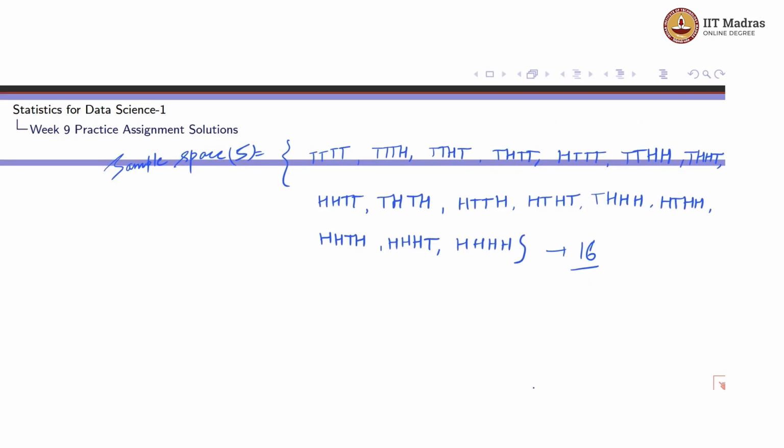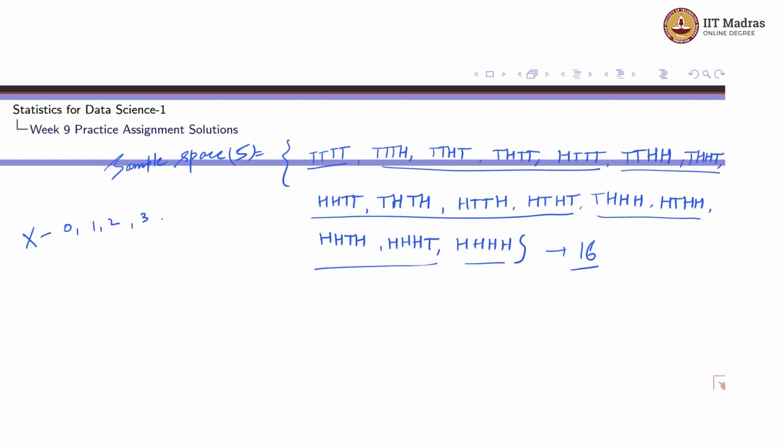So we can see here no heads, 1 head, till here 2 heads, 3 heads and 4 heads. So our random variable can take value 0, 1, 2, 3 and 4. If it takes value 0, that is when we have no heads. For that we have only one element in our sample space, so this is 1 by 16.